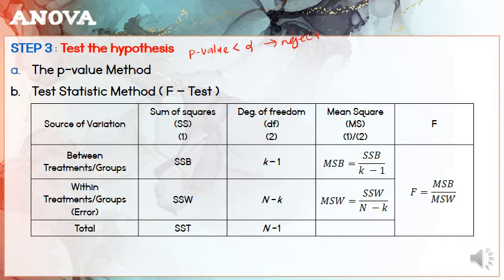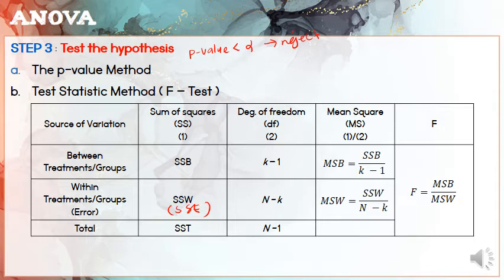And then we have the sum of squares, which is SS. SSB is sum of squares between groups ataupun between treatments. SSW adalah sum of square within treatments or within groups. Okay, ataupun you boleh pakai SSE, sum of squares error. And SST adalah sum of squares untuk total.